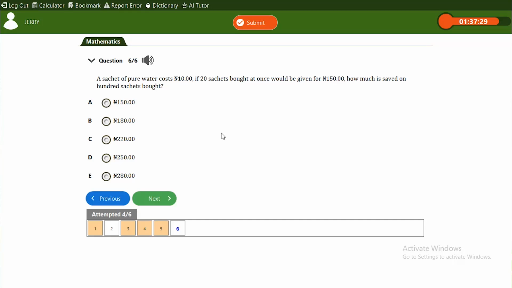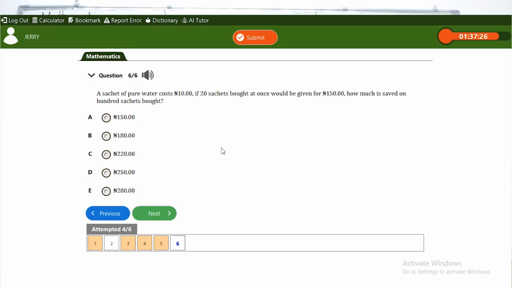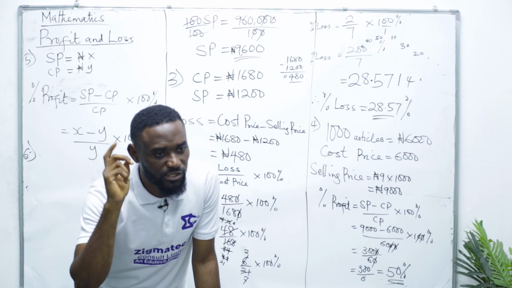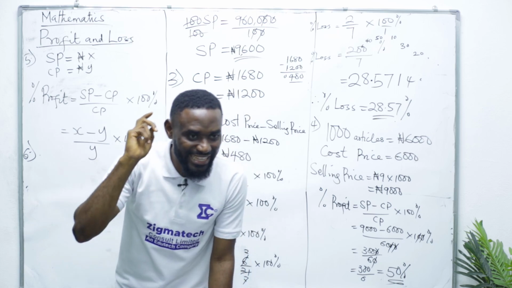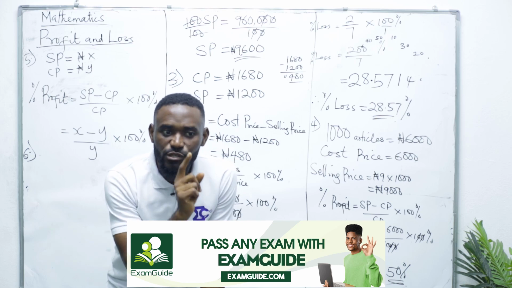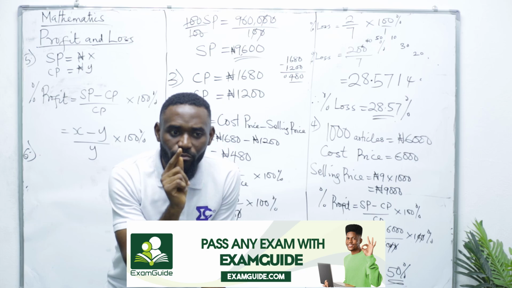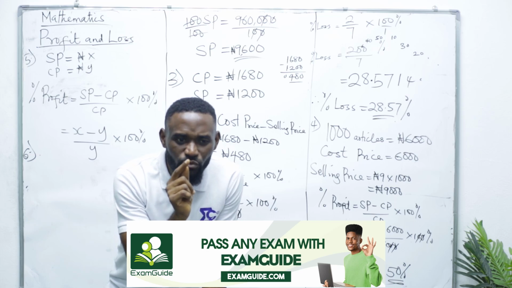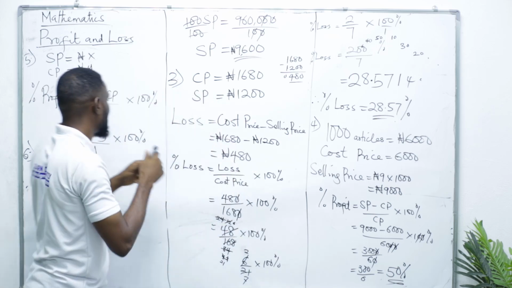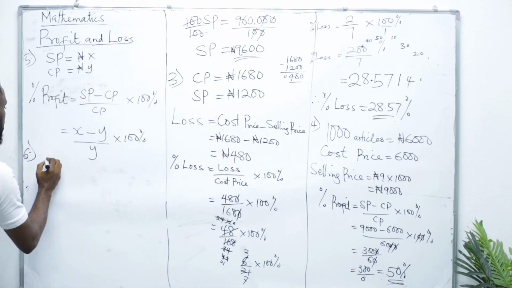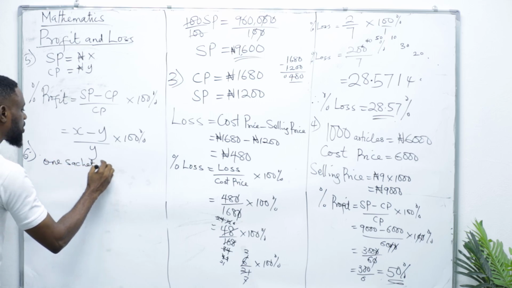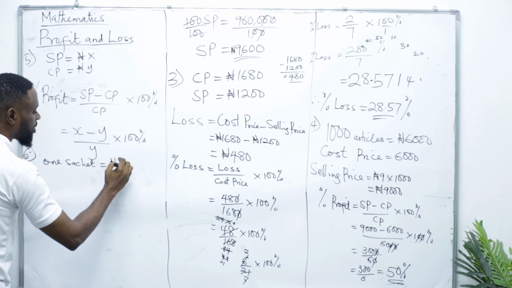Okay, so a sachet of pure water costs 10 naira. That is the cost for one. Now, if 20 sachets bought at once would be given for 150 naira, let's analyze. One sachet is for 10 naira.